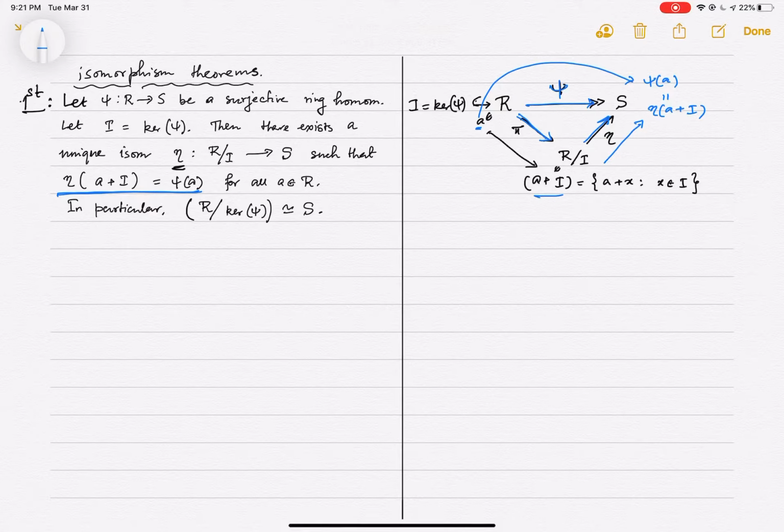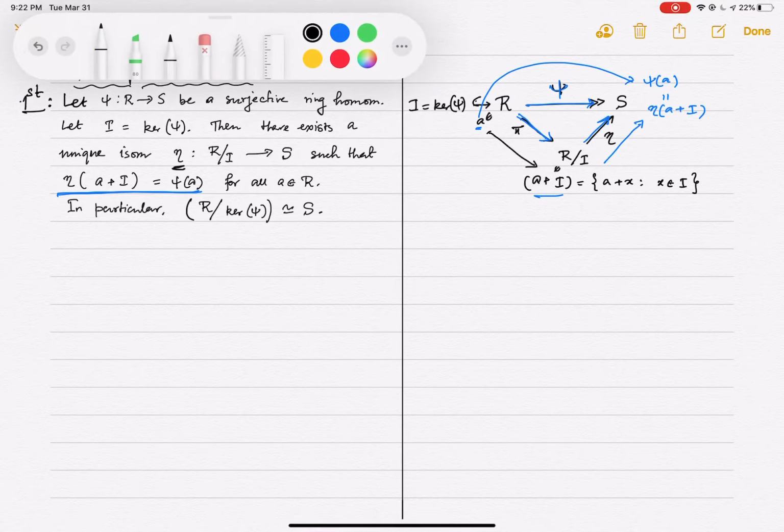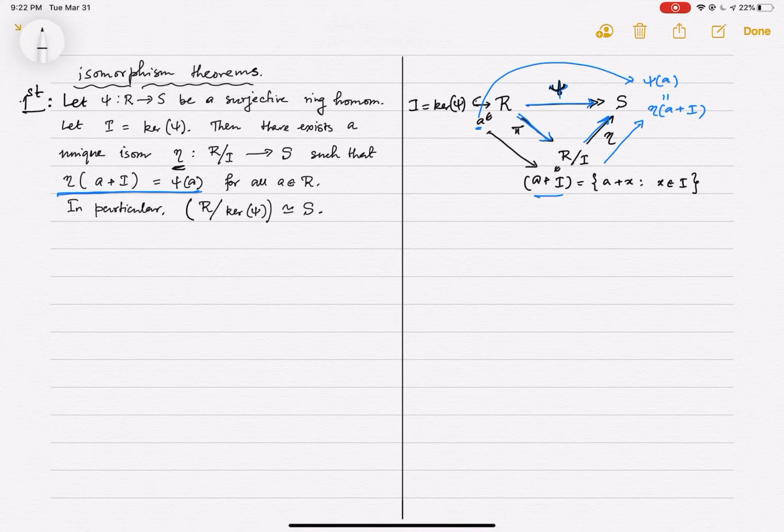Okay. I'll recap, because this is absolutely fundamental. Given any surjective ring homomorphism psi from R to S, there exists a unique isomorphism eta from R mod I to S, such that going down using the quotient homomorphism and then going up using eta amounts to going straight right using psi.